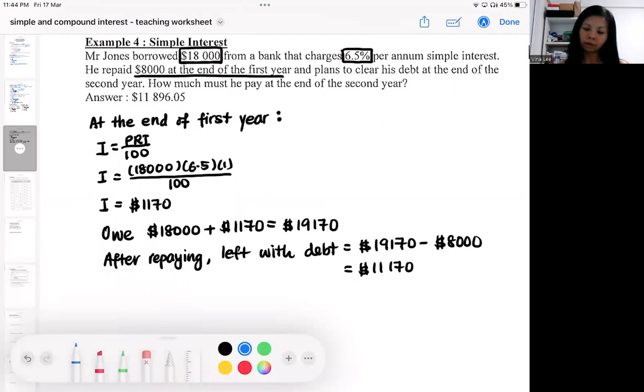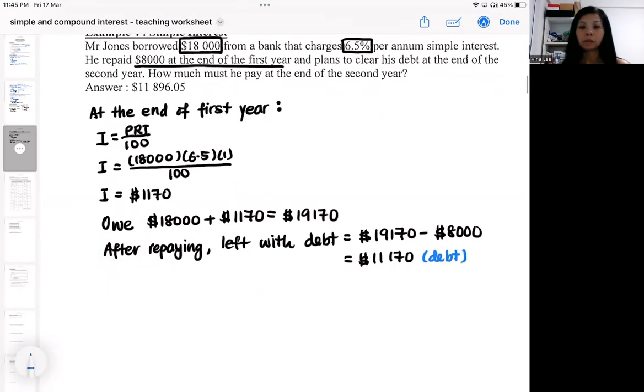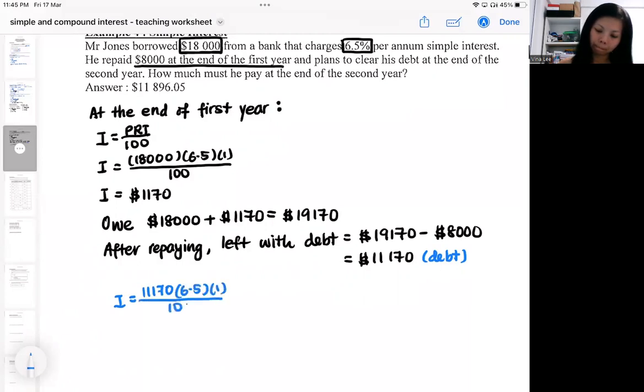That means at the end of the first year, this is the amount of debt. With that amount of debt, the bank is going to calculate interest one more time. So now his debt is reduced. I think I pressed wrongly. So this is the interest that he owed for the second year.